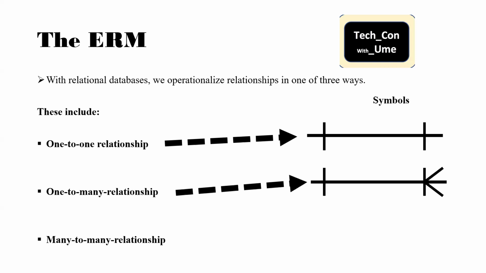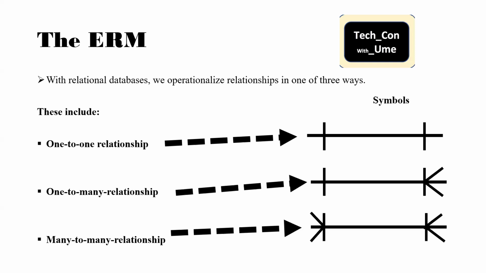With our one-to-many relationship, on one side, which is considered to be the many side of the relationship, we have a crow's foot. And on the other side, we have the dash that runs across the line which connects the two entities to represent the one side of the relationship.